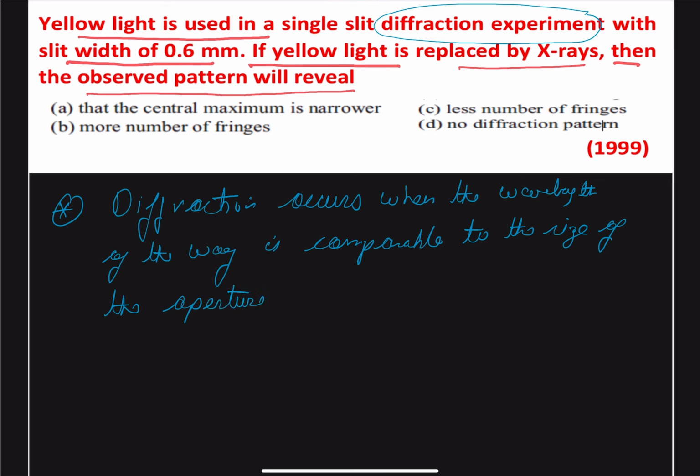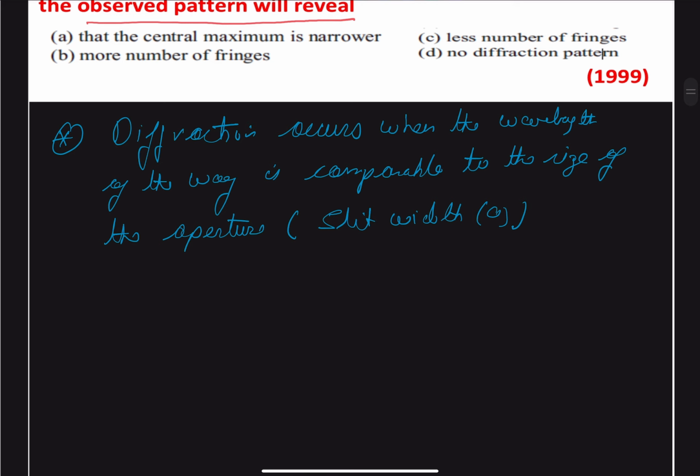And the aperture here is basically the slit width, because it is a single slit experiment, and suppose it is given as A. So for diffraction the wavelength should be approximately the same as the size of the aperture.